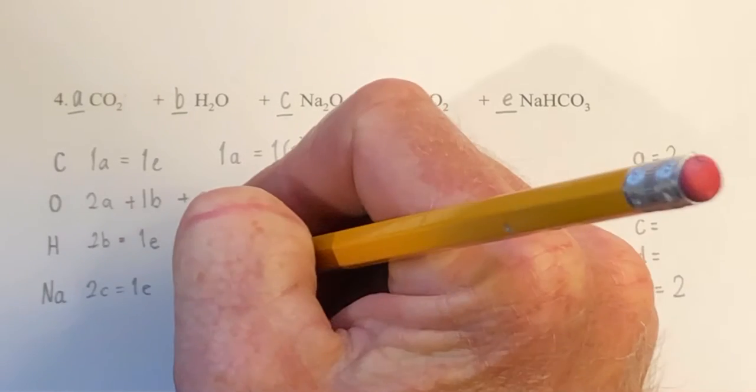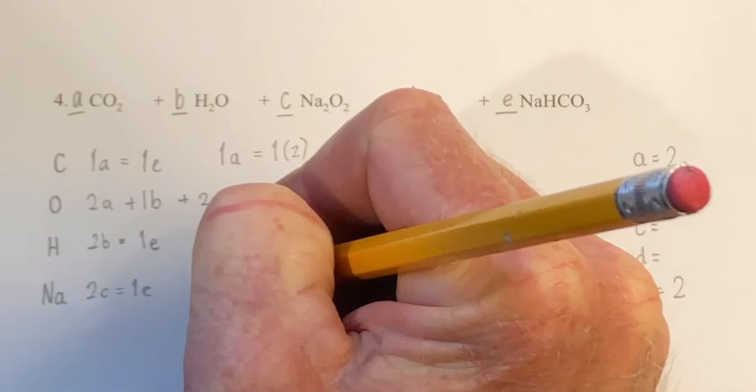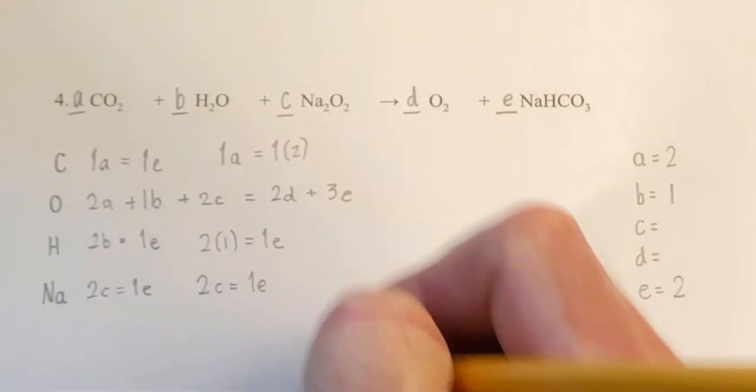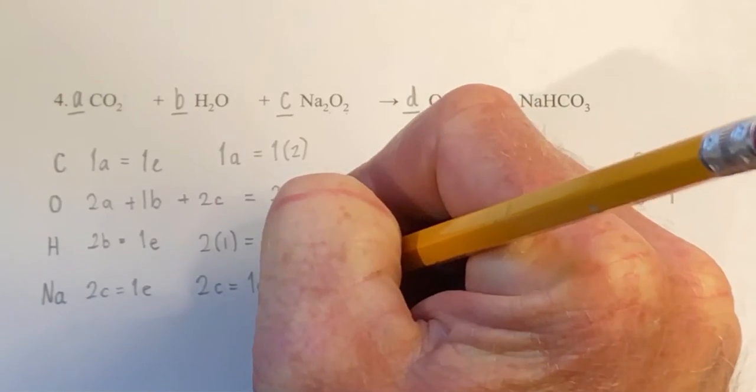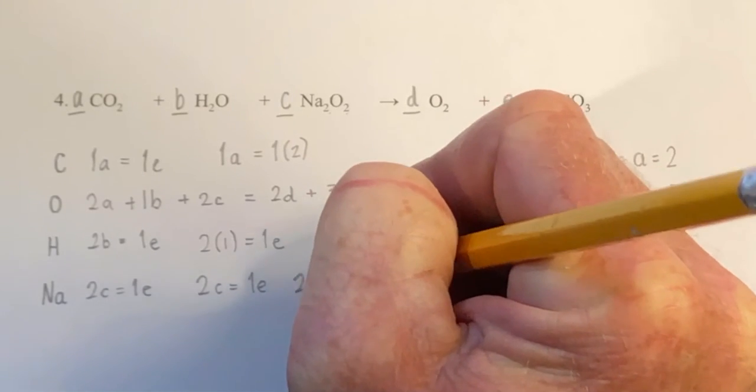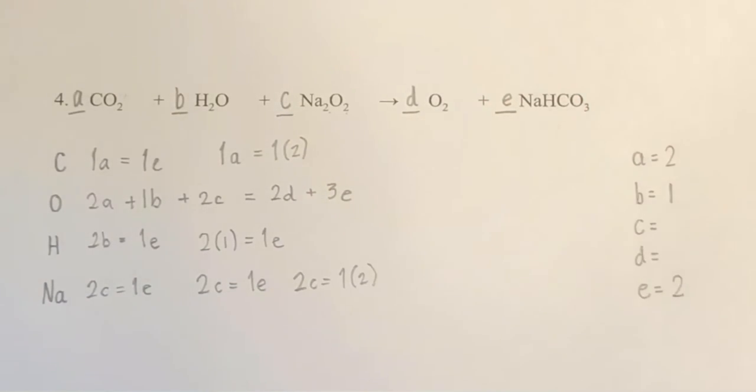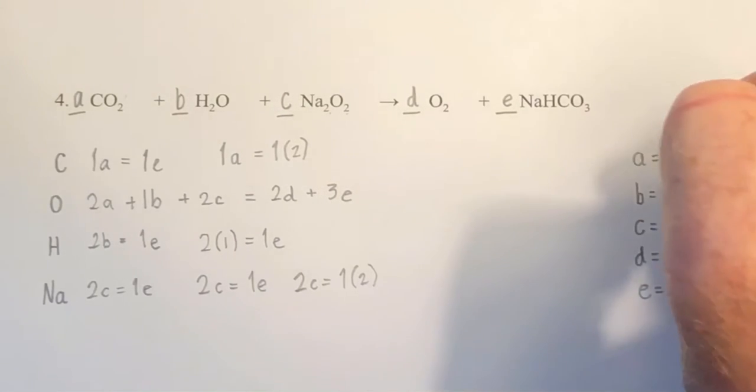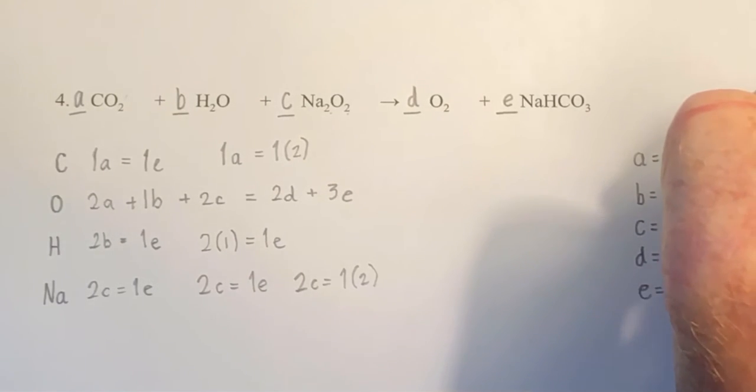In the equation for sodium, 2c equals 1e, with e being a 2, 2c equals 1 times 2, or 2c equals 2. Solving for c, we get c equals 1.